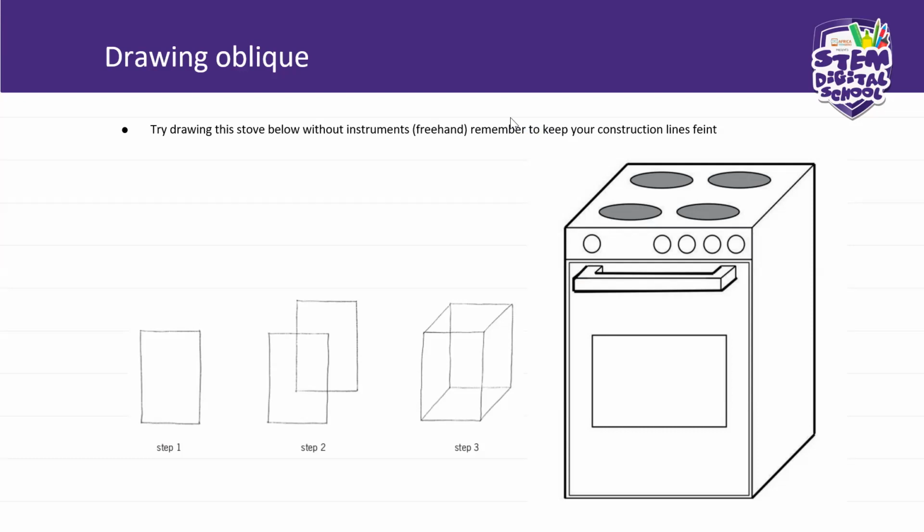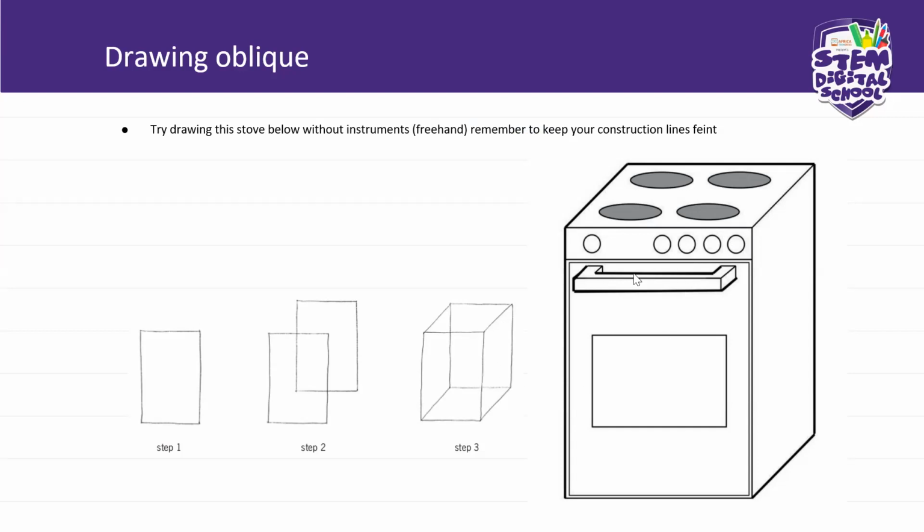Now, the broken line, we call it the hidden detail line. We use it in our drawings to show the reader there are other dimensions to this drawing that we are presenting here. In any case, we won't use them here because we want to draw the stove. So this is how you sketch the stove.